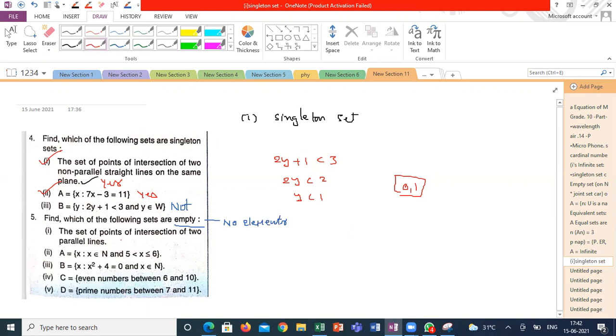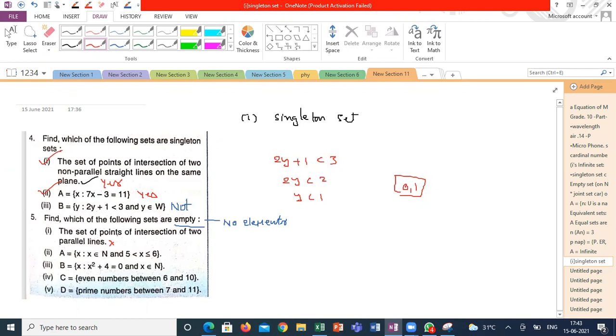Sir, the first question is ambiguous, because two coinciding lines can also be called parallel lines. Yes, the set of points of intersection. So if I am considering coincident lines as non-parallel, then there is ambiguity.